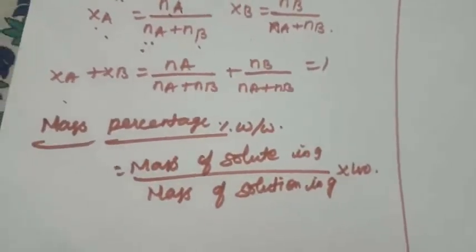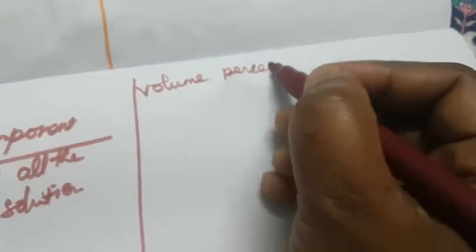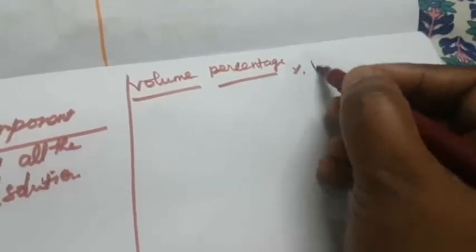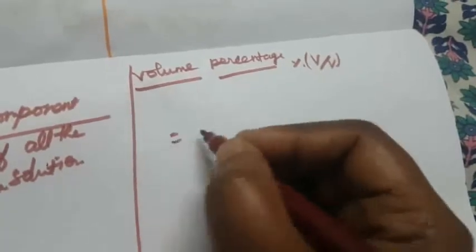Next we are going to see what is meant by volume percentage. That is volume per volume, percentage V by V. So what is meant by volume percentage?